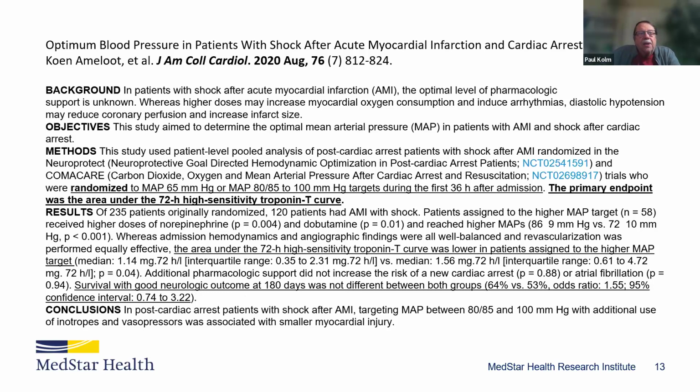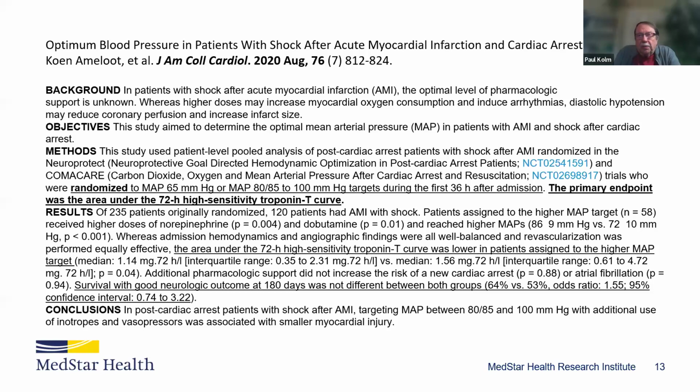And so they said that survival with good neurologic outcome at 180 days was not different between both groups. Well, they're not testing whether the survival is the same or not.